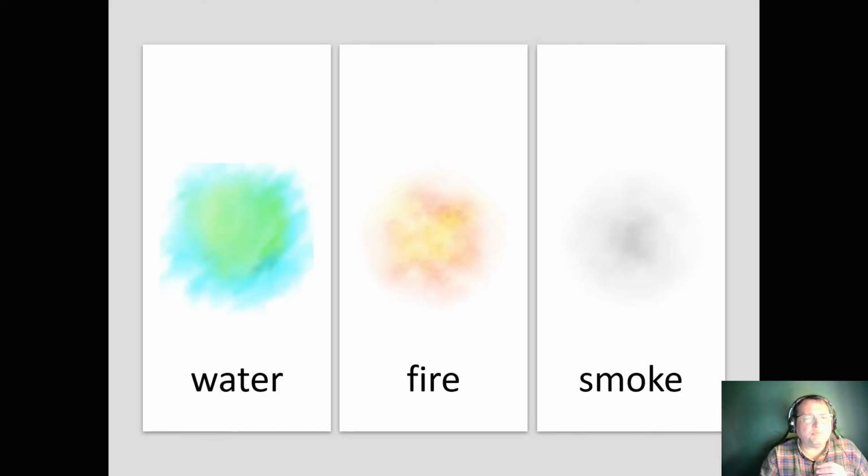Here you can see the sprites, the particles of water. So this kind of sprite, of course on a very small scale, can be used to animate a fountain, can animate a liquid spray, but in the middle you have a particle of fire, and here is the particle of smoke.